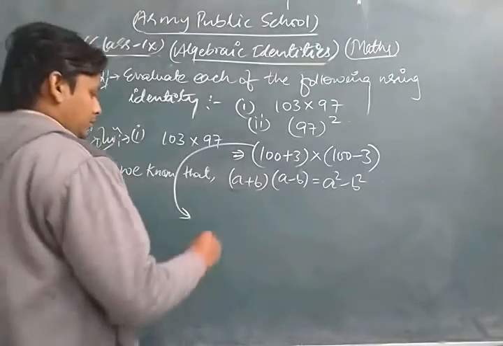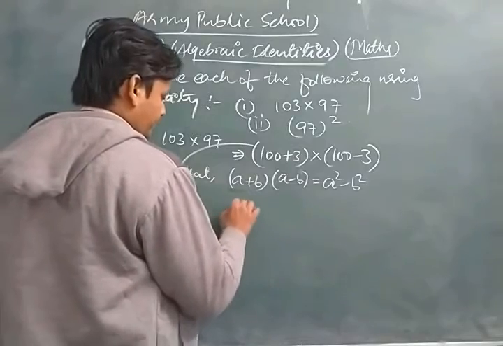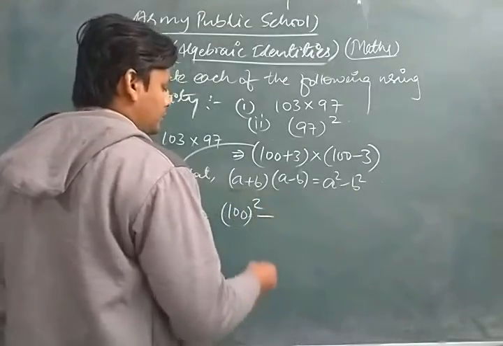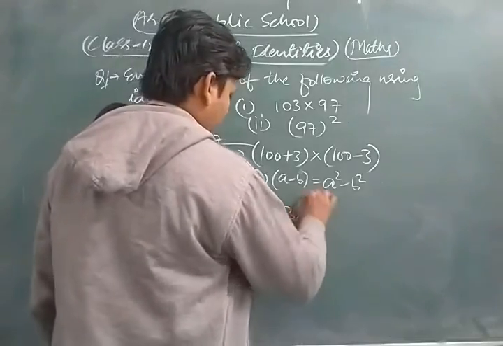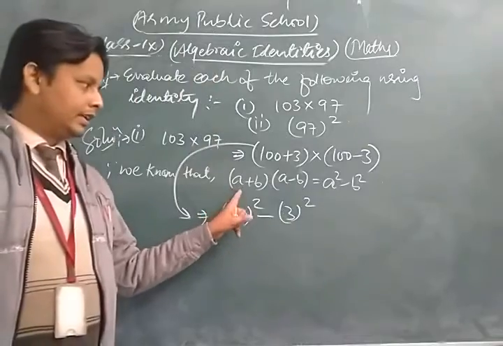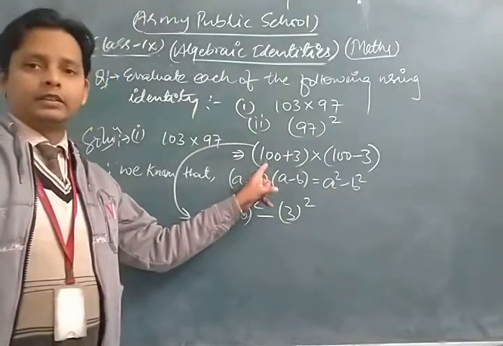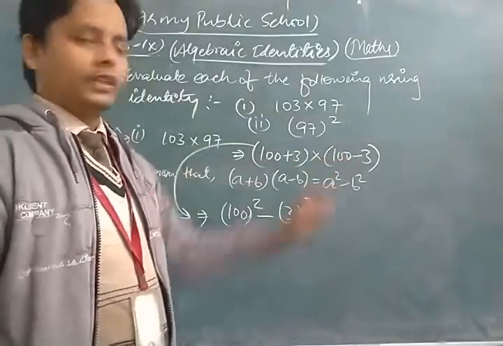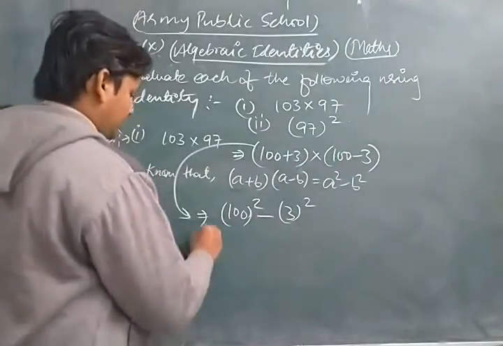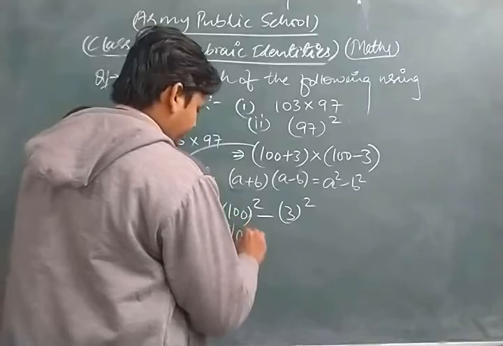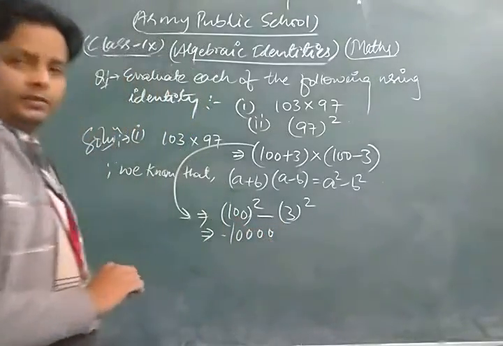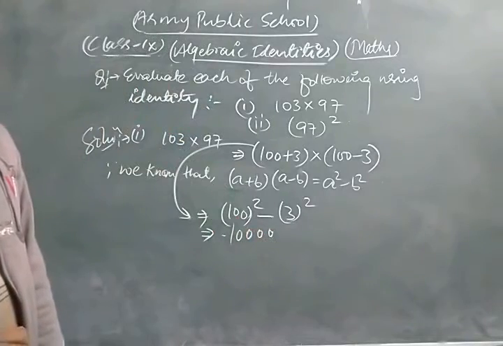So a plus b into a minus b, we can write as a square minus b square. The value of a is 100 and the value of b is 3. So we can write 100 square minus 3 square. So 100 square is 10,000, 100 into 100.